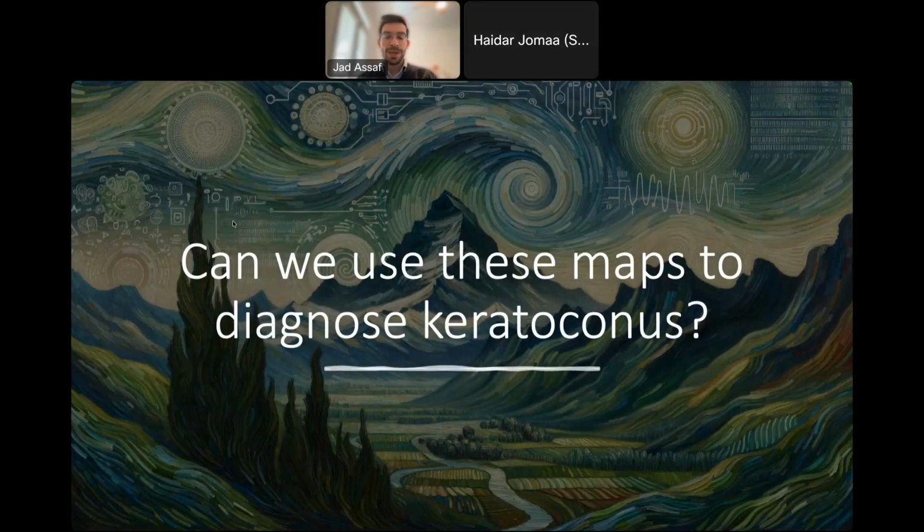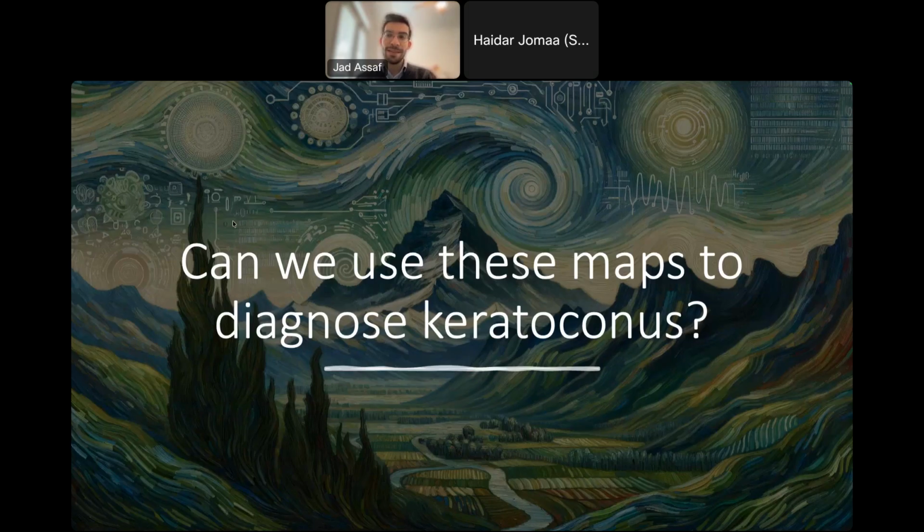Basically, the cornea weakens, it bulges out, and then this leads to refractive error that cannot be corrected even by glasses. And it's not reversible unless you do a very invasive surgery. So ideally, we need to detect and diagnose keratoconus as early as possible to be able to halt its progression using a specific surgery.